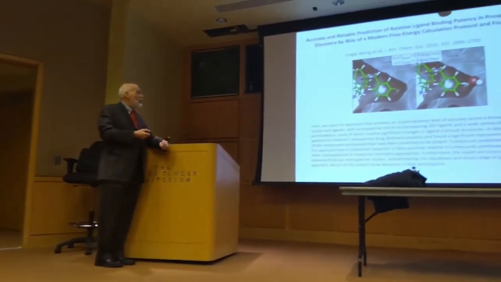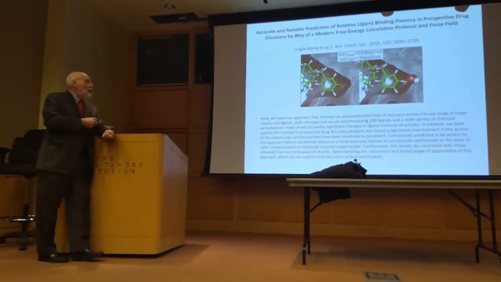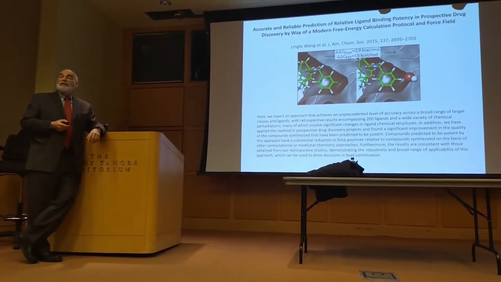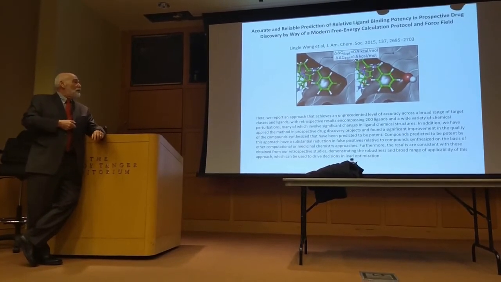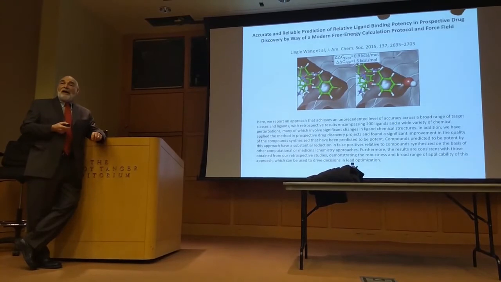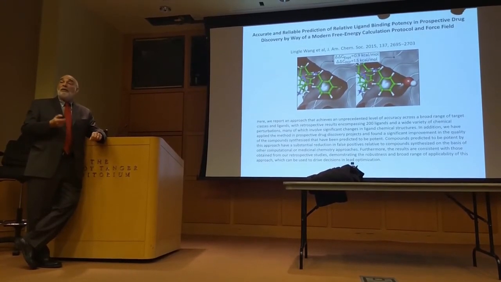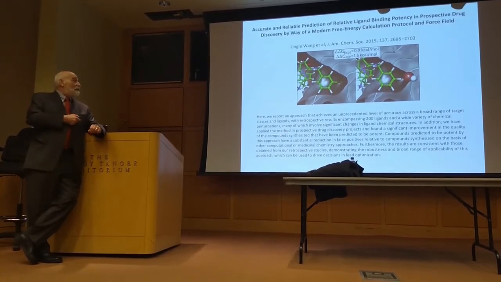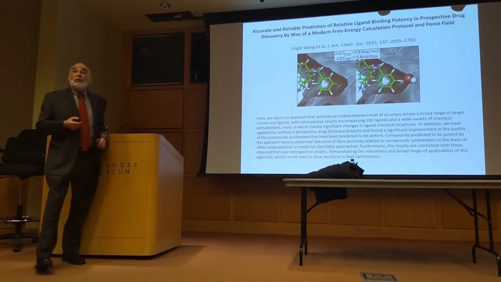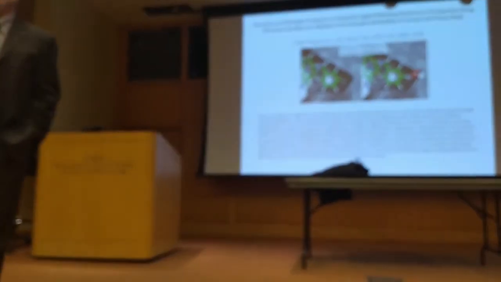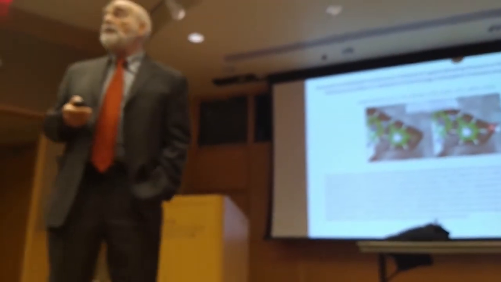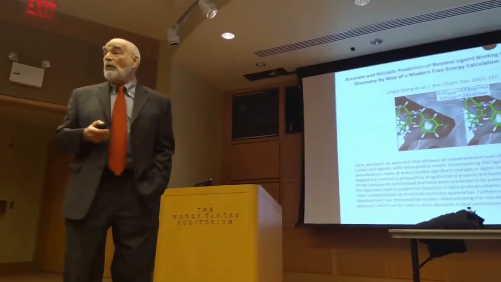But anyway, then when Lingle came along, he said, oh, that's well and good, this replica exchange, this REST method, but what you want to do is get free energies. And so he combined this method with free energy perturbation theory. And the beauty of working with people like Schrodinger is you could go and apply it to huge libraries of molecules, and see how well it works.